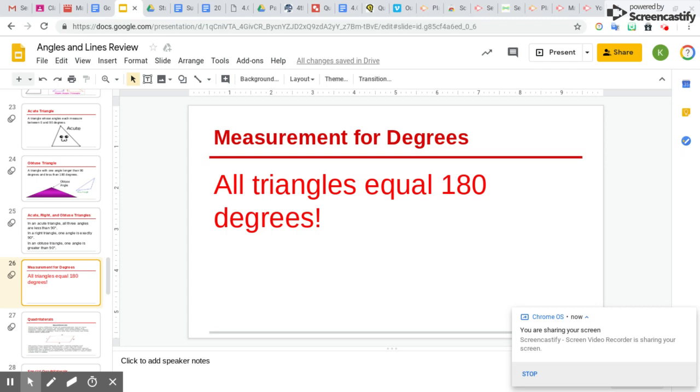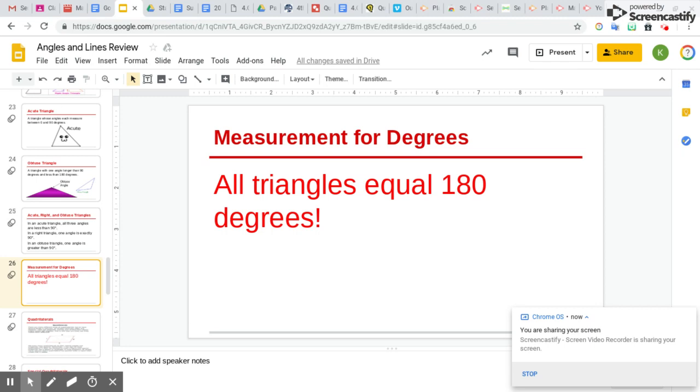You're going to make sure you understand that no matter the angle, once you add all the angles up in that triangle, it will equal 180 degrees. Now, if it equals above or below 180, there's something wrong. That is a biggie, so make sure you definitely understand that.